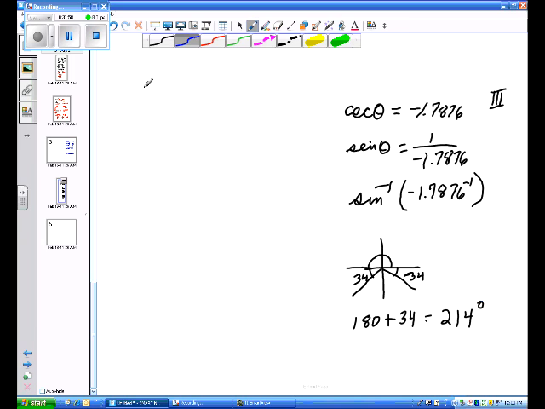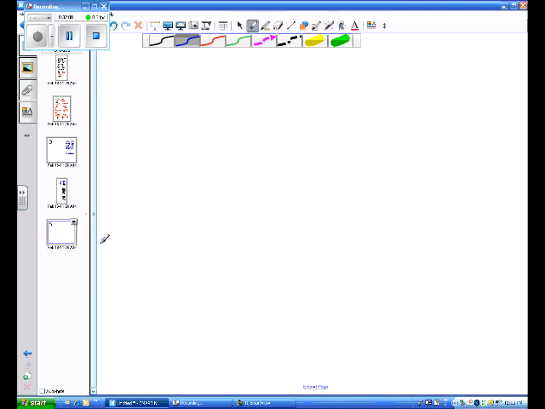Okay, let's look at our special angles, the ones that we know by memory, and look at how we would go about doing these. We already saw that we can think what our reference angle is, and that since they all have the same reference angle, all we need is the quadrant.